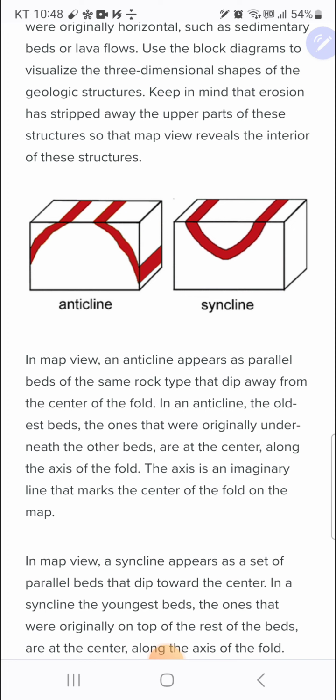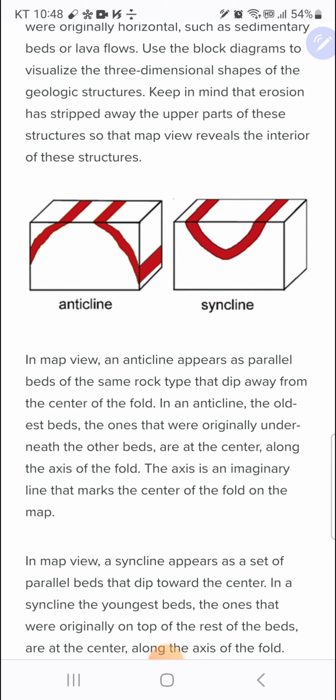In map view, an anticline appears as parallel beds of the same rock type that dip away from the center of the fold. In an anticline, in map view, they were talking about the structure on the right side.